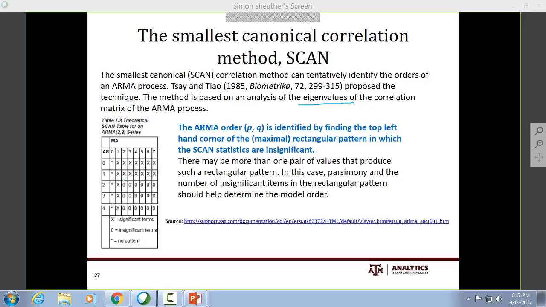What we're looking for is not a triangle, but a rectangle. We're looking for a pair of values, the vertex, where everything outside the rectangle is statistically significant and everything inside the rectangle is insignificant.